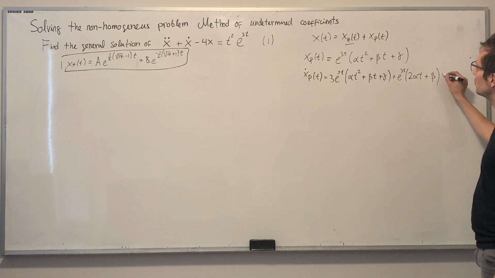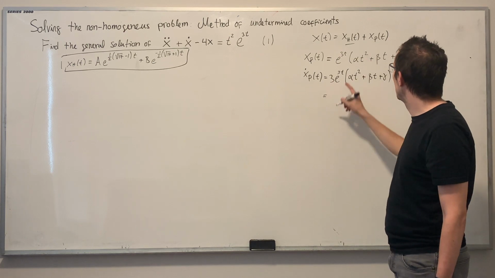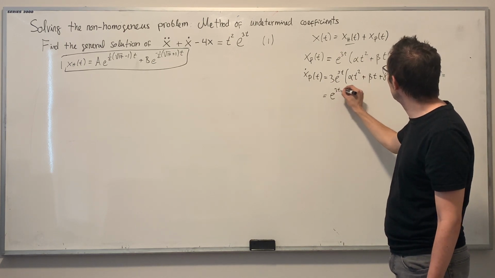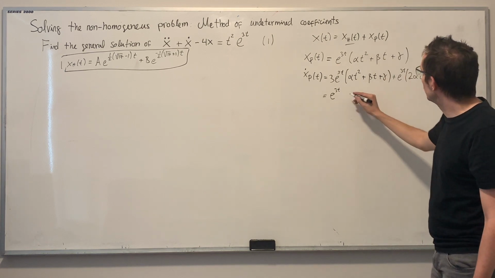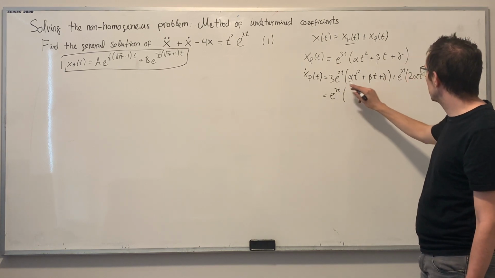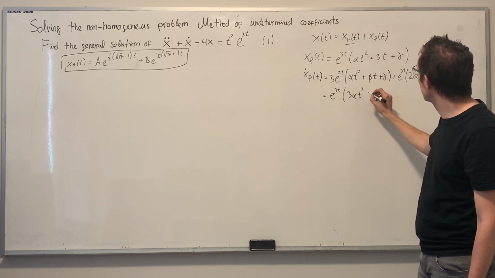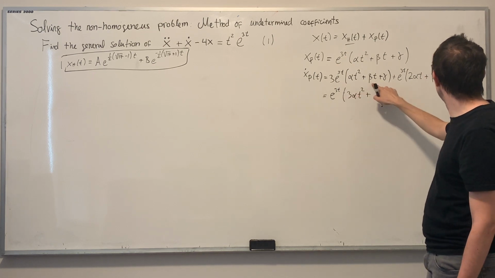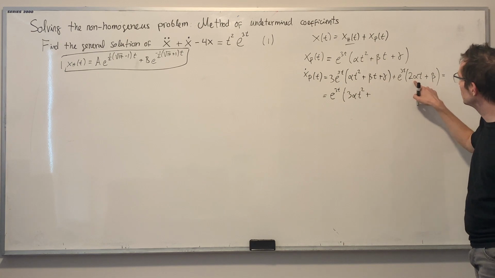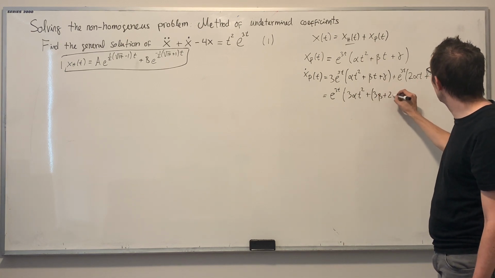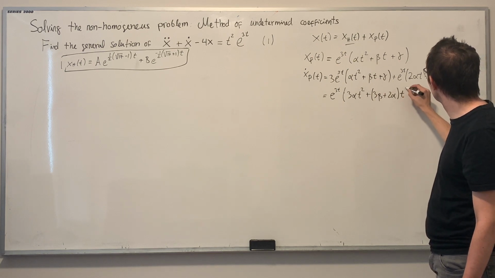Then we can put it all together in here, and we get as a common factor exponential of 3t, and then we see that we have 3 alpha t squared, plus 3 beta t plus 2 alpha t, so 3 beta plus 2 alpha t.